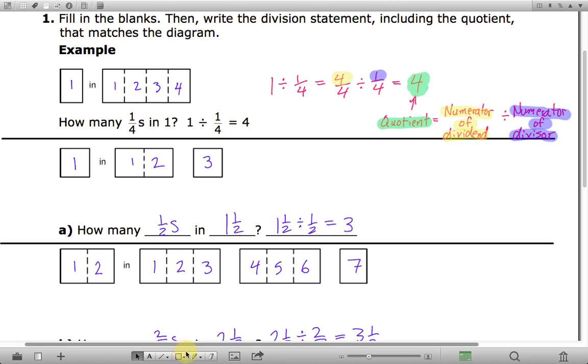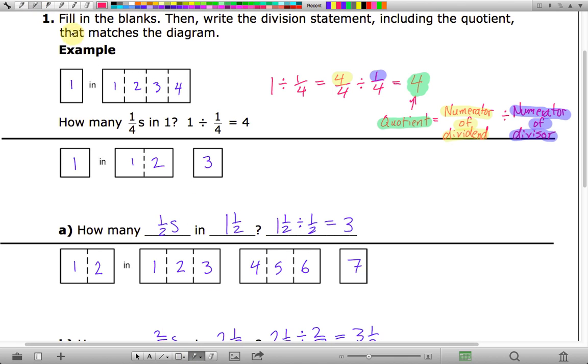And we can show the same kind of thing with all these other examples. So for instance, in the 1.5 divided by 1/2, we do have a common denominator here, but it might be useful to write it as 3/2 divided by 1/2. Okay, so working with improper fractions here. And again, to get the quotient, all you have to do is numerator divided by numerator. 3 divided by 1 is equal to 3.